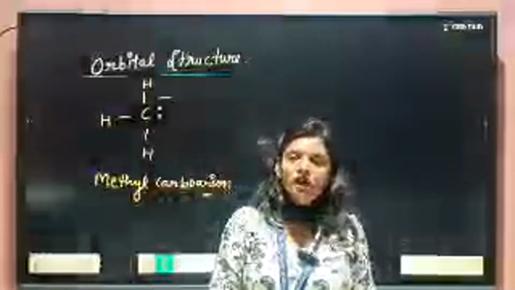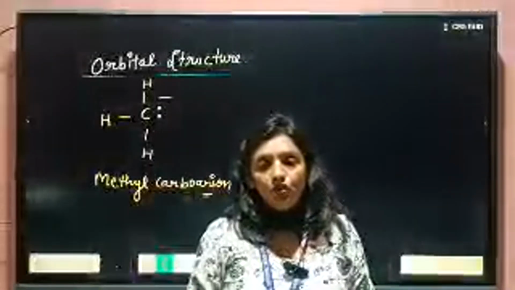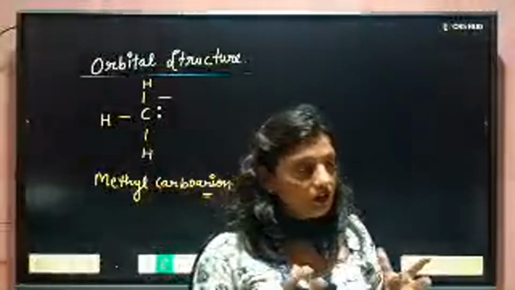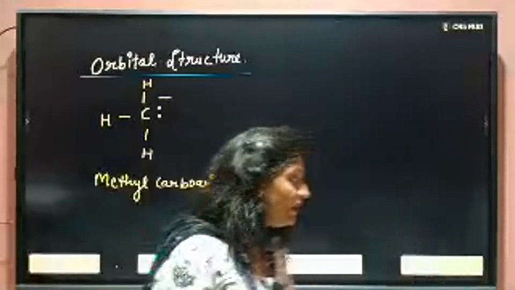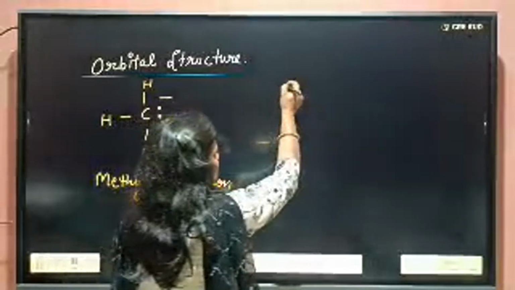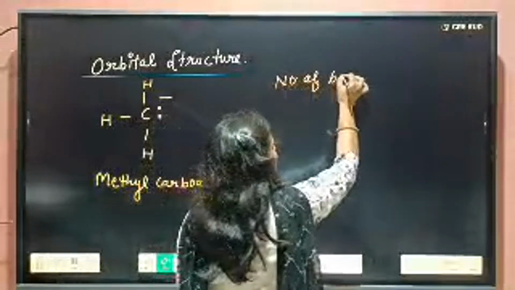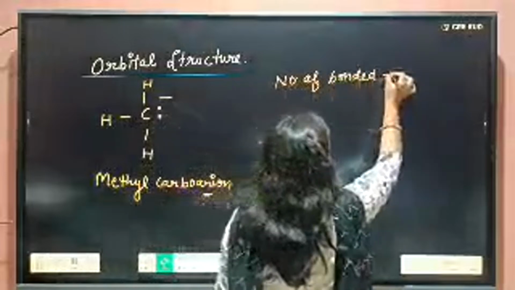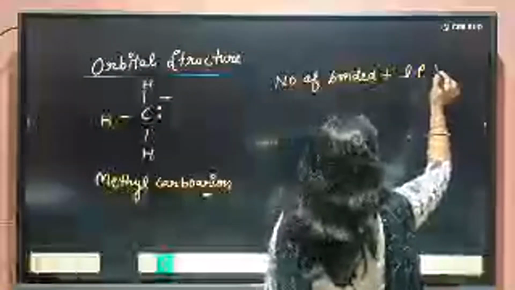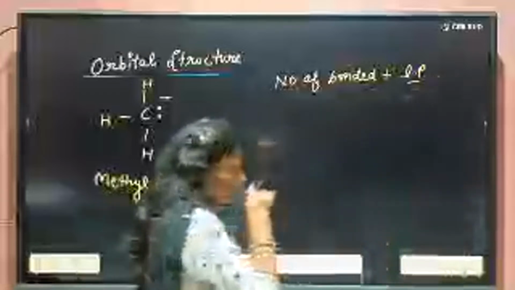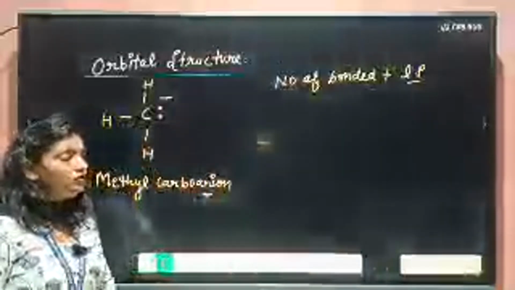You should know about the hybridization. And you know very well how we can calculate hybridization. So students, in hybridization, we will see the number of bonded atoms, plus the number of lone pairs, not pairs of electrons, just lone pairs we will see.